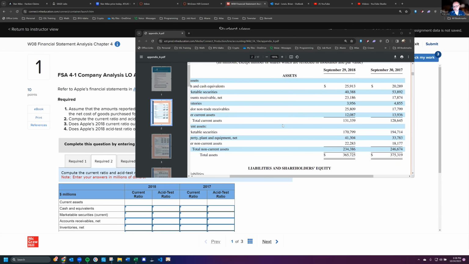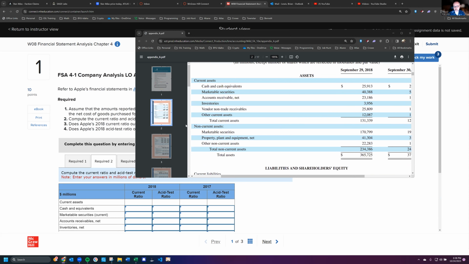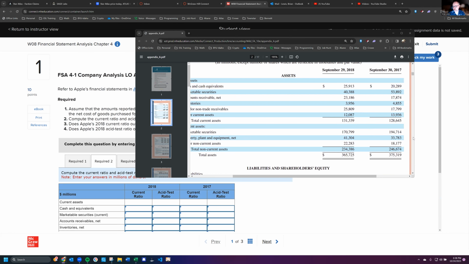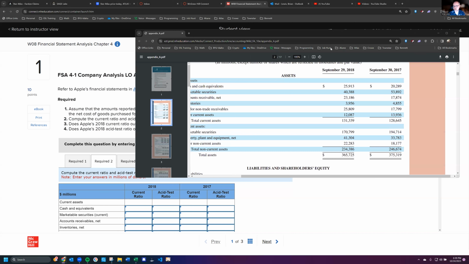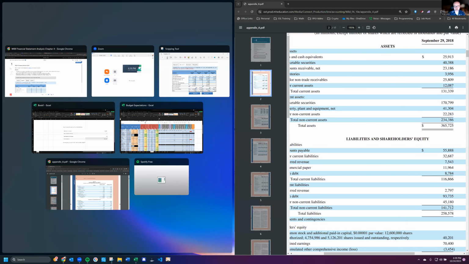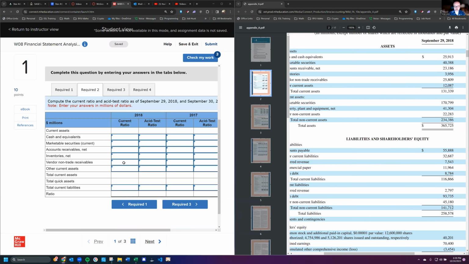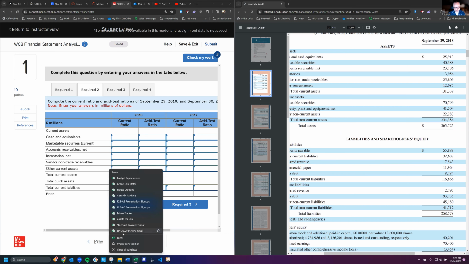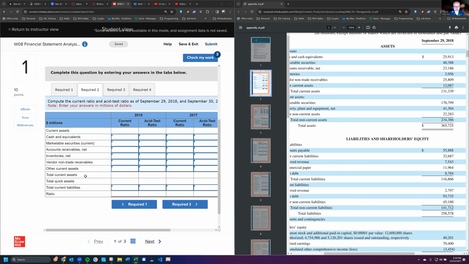Let's make this a little bit bigger. Let's put in an Excel file, and that way we can do some of these calculations too.